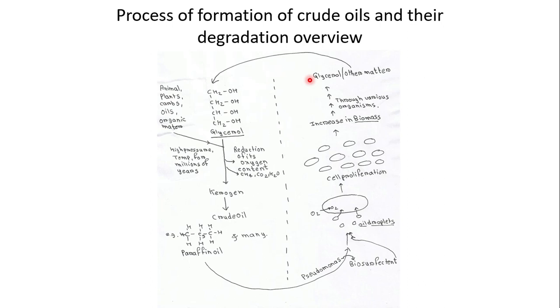One day this animal, which has now accumulated glycerol, will also get buried, and after millions of years this glycerol will also get converted into crude oil, and this cycle is occurring naturally. This is the natural way of the biosphere to remediate itself.